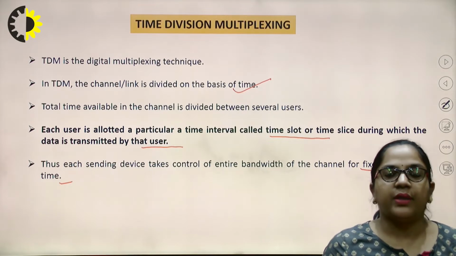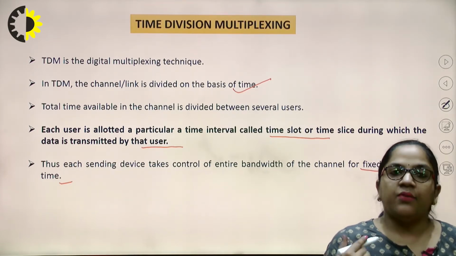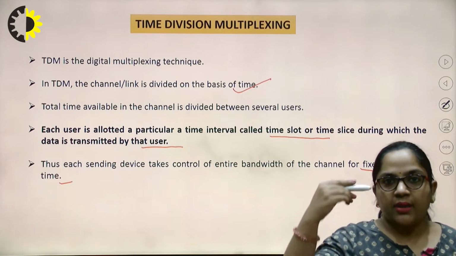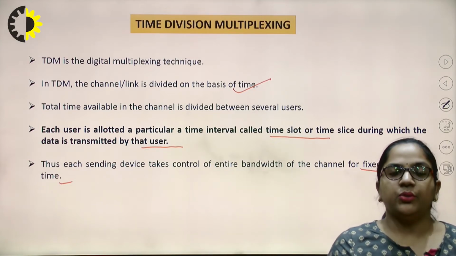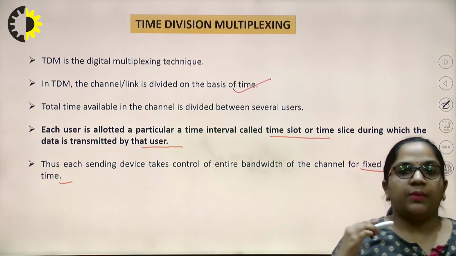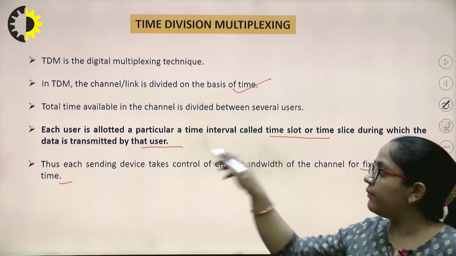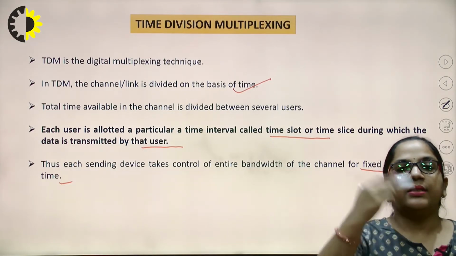With the help of analog modulation techniques, we can perform frequency division multiplexing, where we divide the available bandwidth among the users. Here we divide the total available time among the several users.